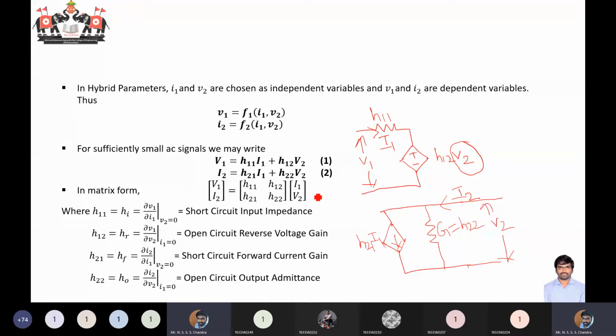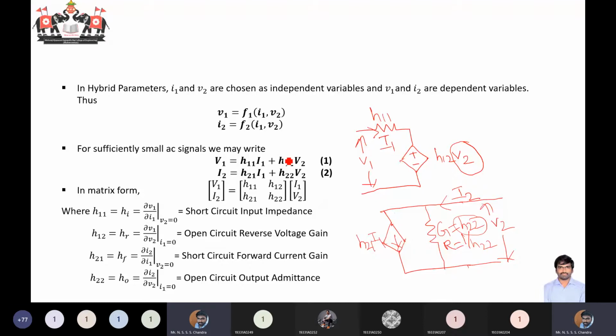Okay. So if G is equal to H22, what will be your R value, resistance value? Please respond. 1 by H22. Okay. So you should never consider this H22 as a resistance, you should say conductance.